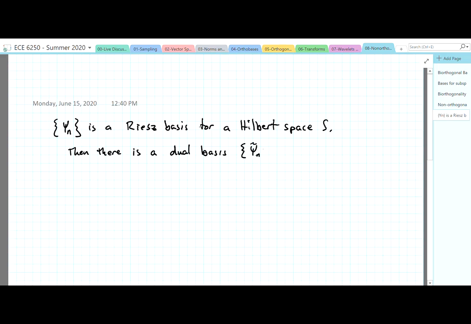Now, since this Riesz basis is infinite, it's not going to be quite as easily computed as it was in our previous cases, because we can't invert infinite matrices.